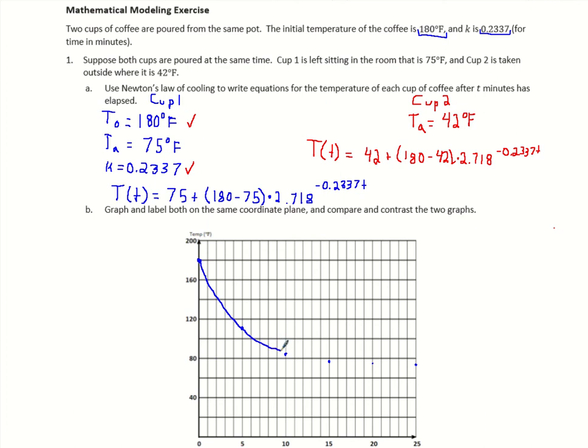And again, this is mostly a sketch with some key points plotted to help me sketch it a little bit better. And for my red cup, number 2, it's going to have the same initial temperature, so they're still going to be touching at that point. But then things are going to start to get pretty different pretty quickly.